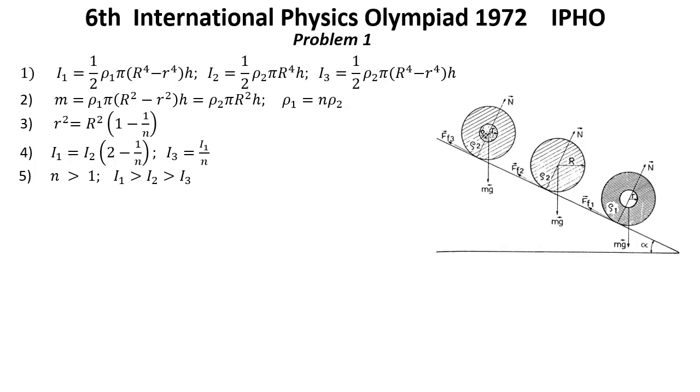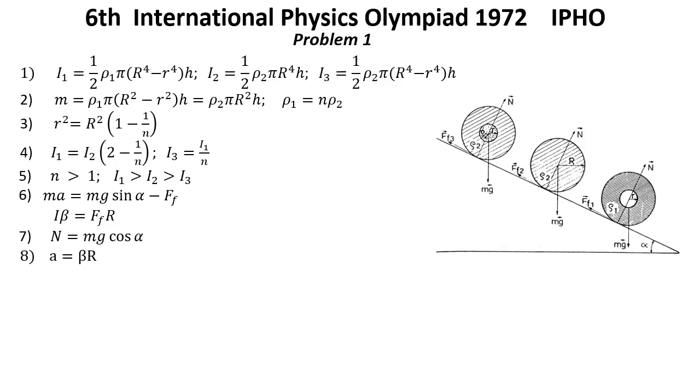For a cylinder rolling freely on the inclined plane, we can write the equations: Ma equal mg sine alpha minus force of friction, I beta equal F, force of friction, multiplied by external radius, and the normal force equal mg cosine alpha, where beta is the angular acceleration. If the cylinder doesn't slide, we have the condition that acceleration a equal beta R.